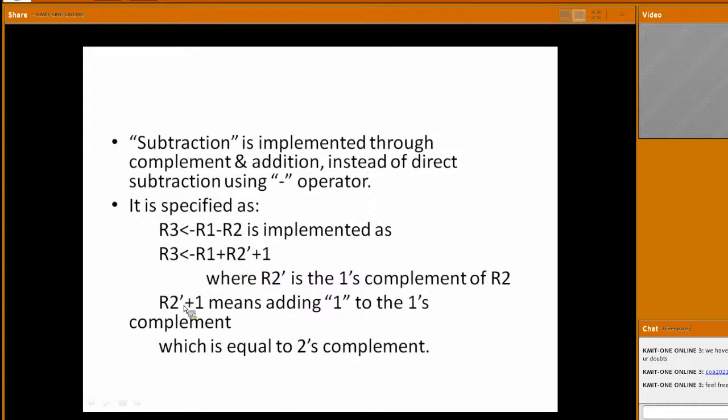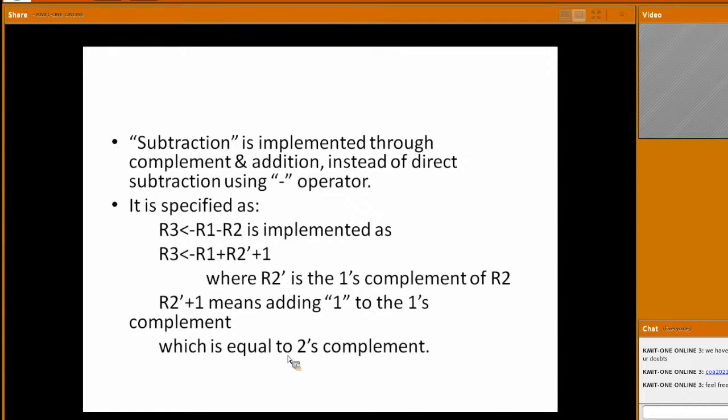Now R2 bar plus 1 means adding 1 to the 1's complement of R2, and this total we call the 2's complement.